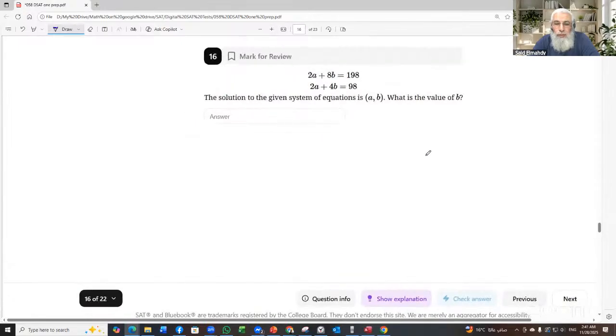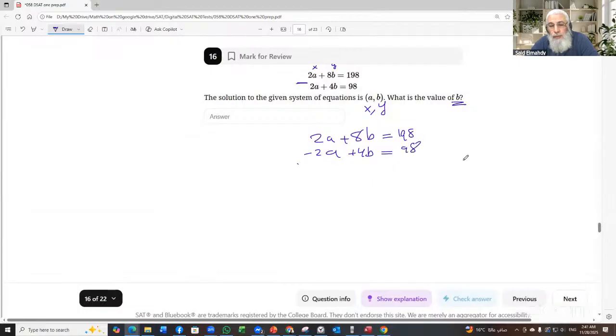The solution to the given system of equations is (a, b). What is the value of b? B is y, and a is x. So we need to solve for y. We can subtract one equation from the other: 2a minus 2a, 8b minus 4b, and 198 minus 98.